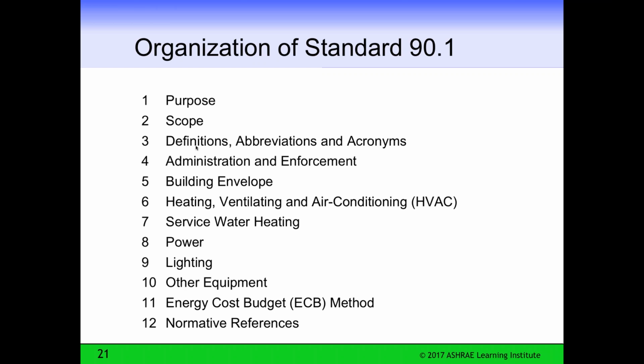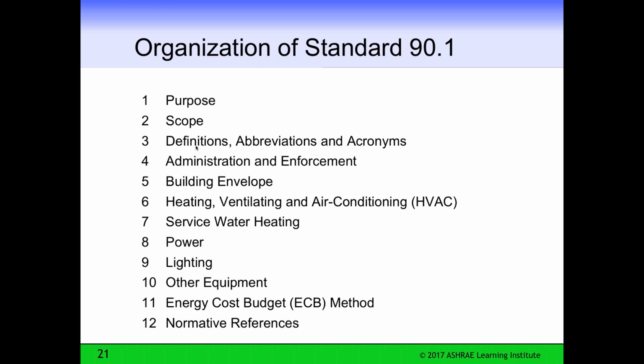Okay. So in the organization of Standard 90.1, it's been pretty much the same organization throughout its entire lifetime. You have 12 sections of the standard. The purpose, very short section 1, purpose, very short section 2 on scope, much larger section 3 on definitions, abbreviations, and acronyms. Section 3 has grown over time and become a really useful tool for clarifying the standard. And section 4, administration and enforcement.